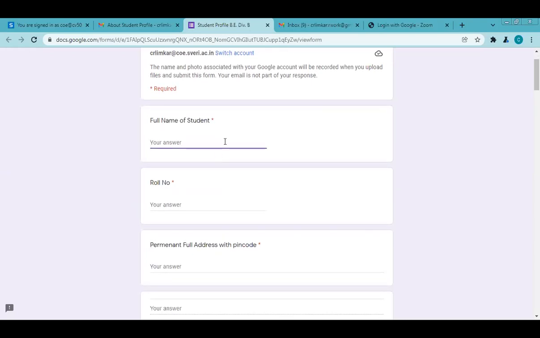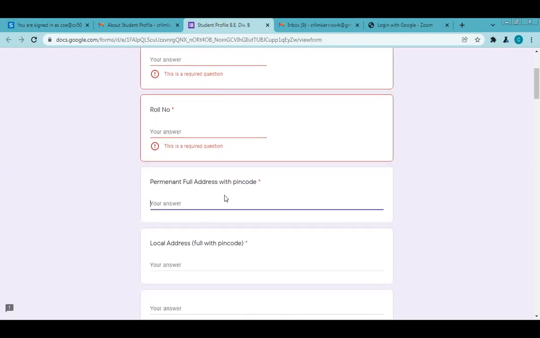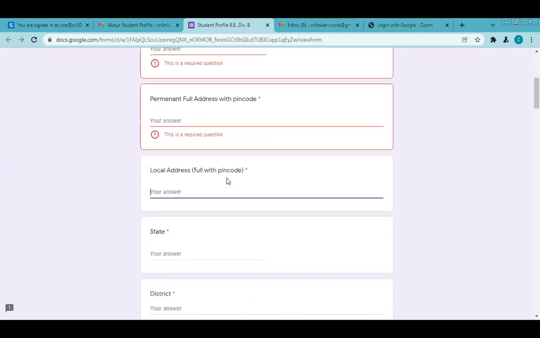At first you have to put your full name, your roll number, and permanent full address with the PIN code. Then the local address, if it is the same, copy that address and paste it over here.